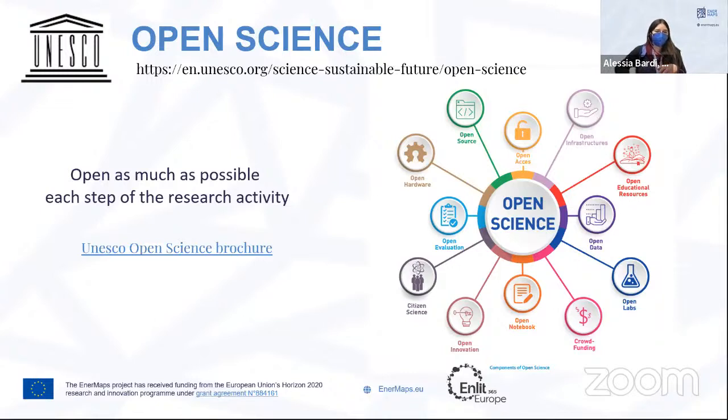And this approach has been recognized as a crucial accelerator to reach the sustainable development goals set by the United Nations, and also to ensure a more transparent and inclusive research process. In particular, it's worth mentioning the UNESCO recommendation on open science. You can find the link here, but you can also search for it on Google, and it will be very easy to find if you want to know more. Next slide, please.